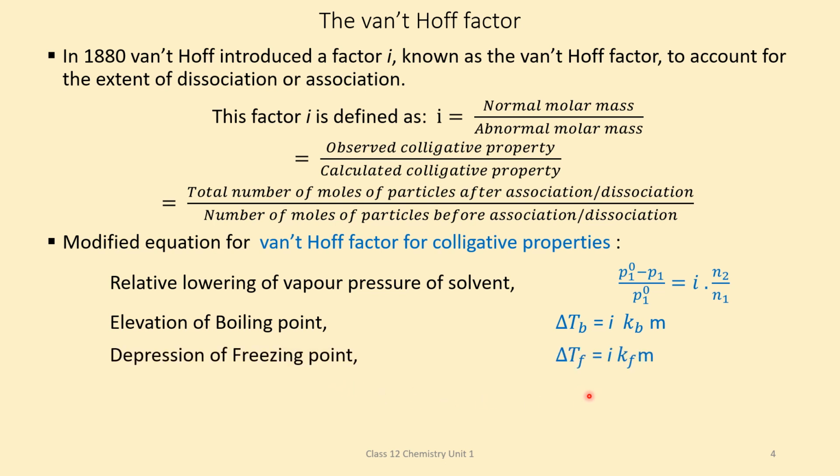Depression of freezing point delta Tf is modified as delta Tf equals i into Kf into m. Simply, in all these cases, the right hand side is multiplied by factor i. And finally, the osmotic pressure of solution is pi equals i into n2 RT divided by V.